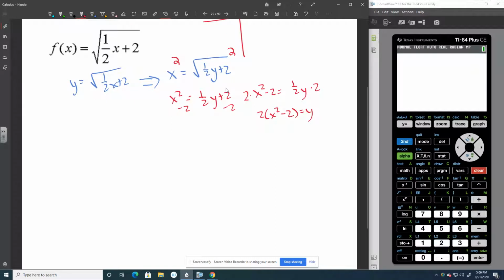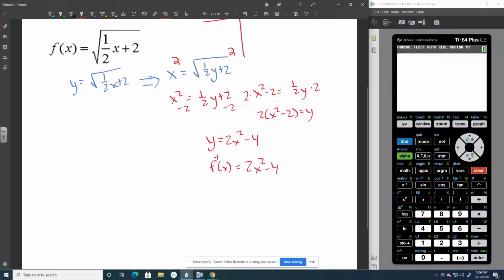And let's go ahead and put the y on the other side. So I get y equals 2x squared minus 4. So what this really is saying is it's not really y, it's actually f inverse of x. The inverse of my original function is equal to 2x squared minus 4.